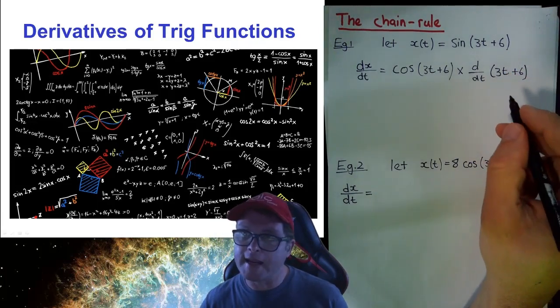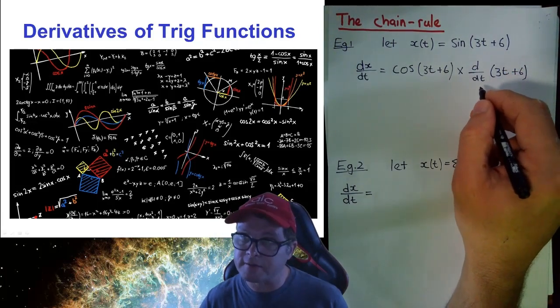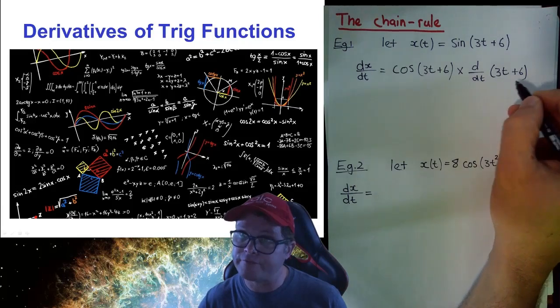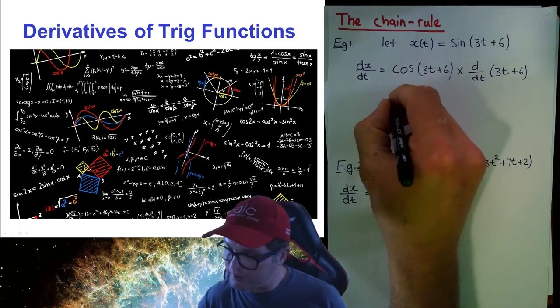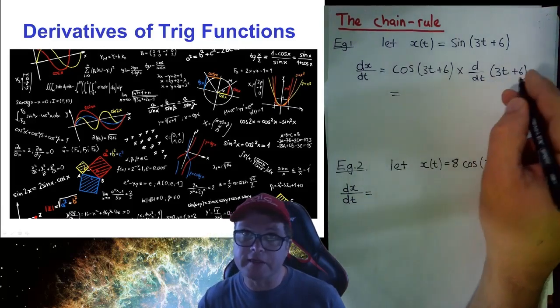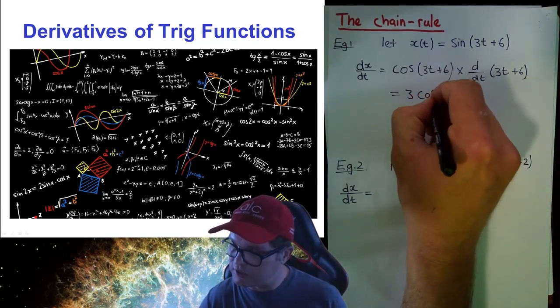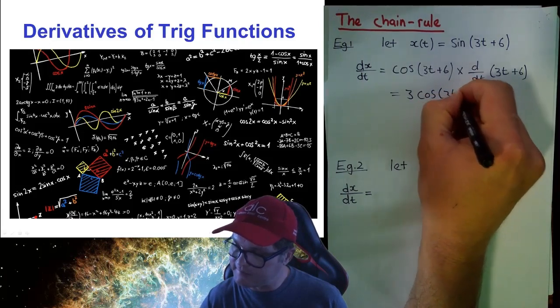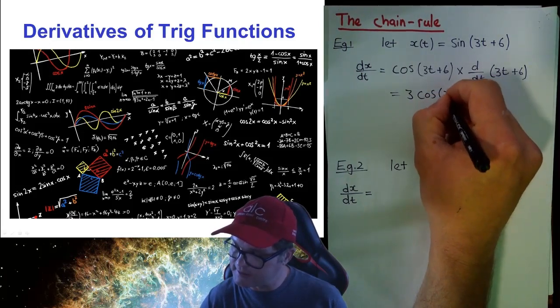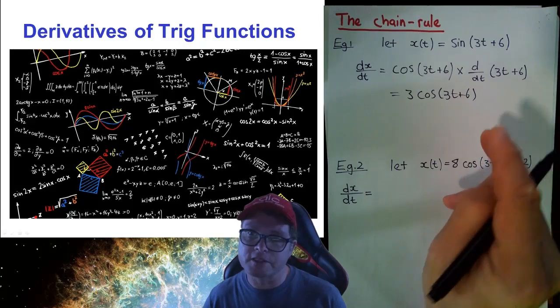And if we take the derivative of what's inside the bracket, we just differentiate this normally, then we can see that this is going to leave us with 3. So this is going to be 3 cos of 3t plus 6. That's going to be our final solution.